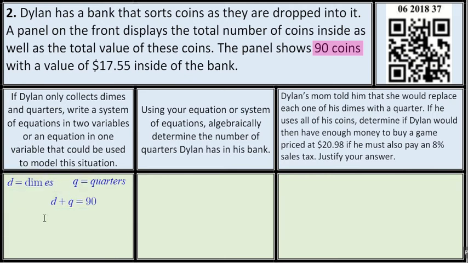Now the second equation deals with how much actual value the money has. So be careful with your decimals. A dime is not 10, it's 0.10 because it's only worth 10 cents. So 0.10D plus 0.25Q equals a total of $17.55.